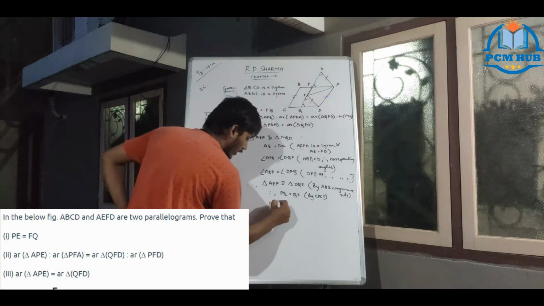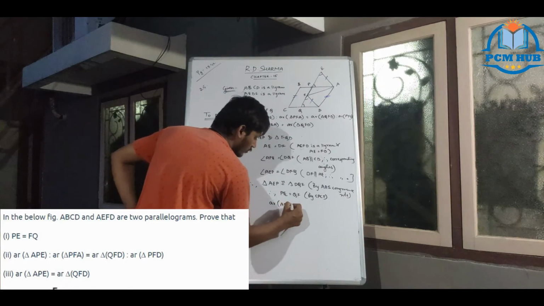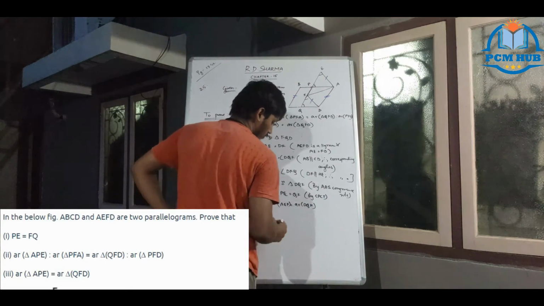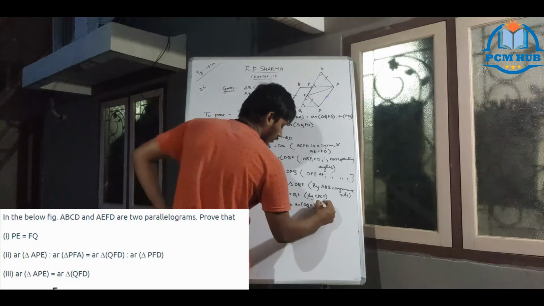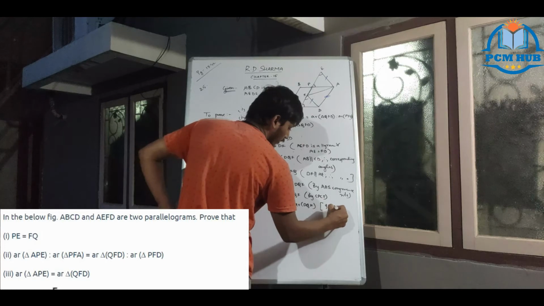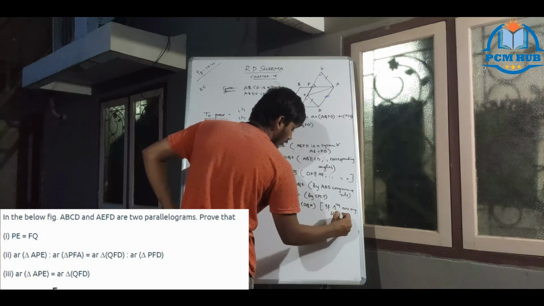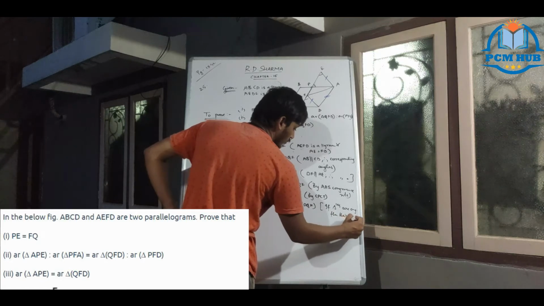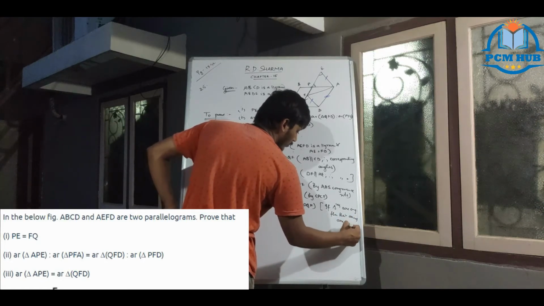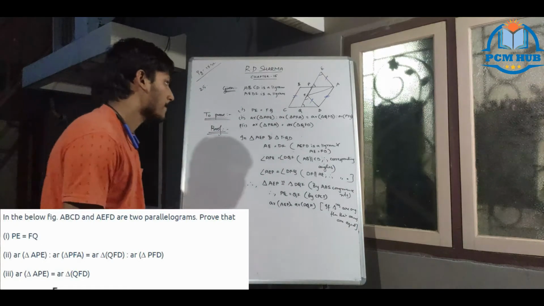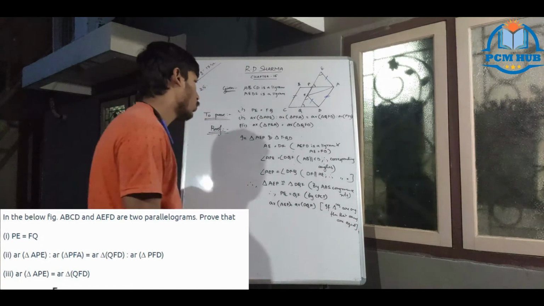And one more important thing, area of AEP equal to area of DQF. This we need. If triangles are congruent, then their areas are equal.